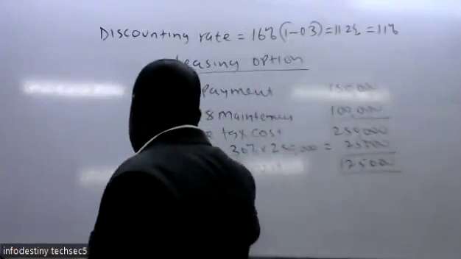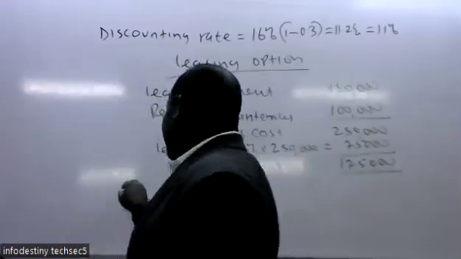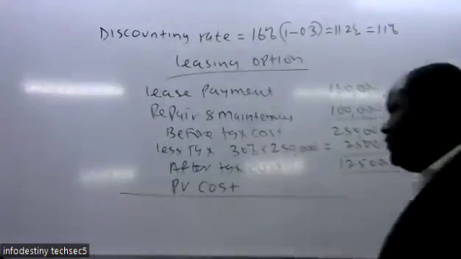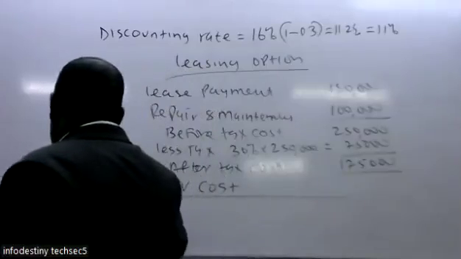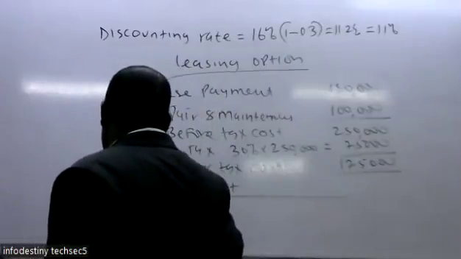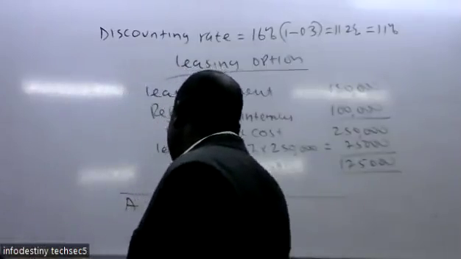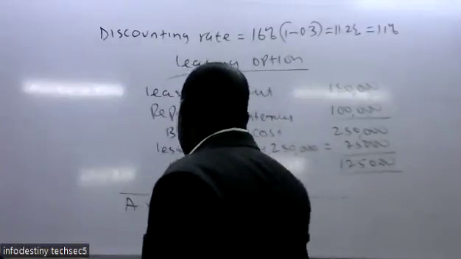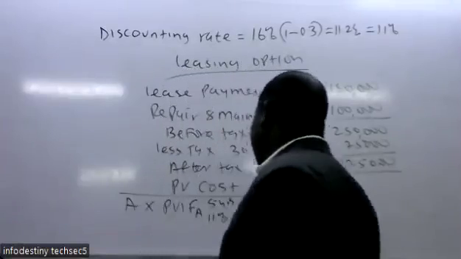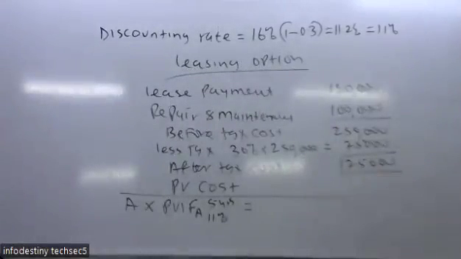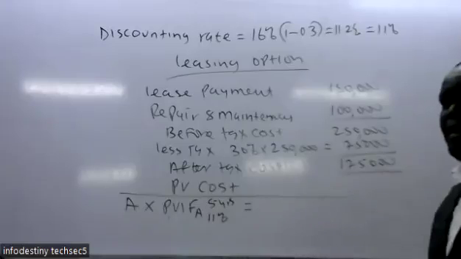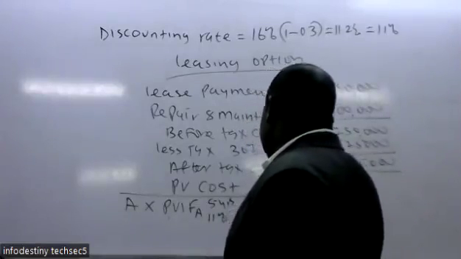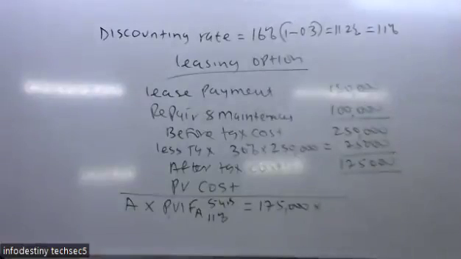So we want to get the present value of the costs. So this time we are simply computing the present value of those costs. It is the annuity multiplied by the present value interest factor for the annuity. We have calculated 11% for 5 years. Our annuity is 175,000.